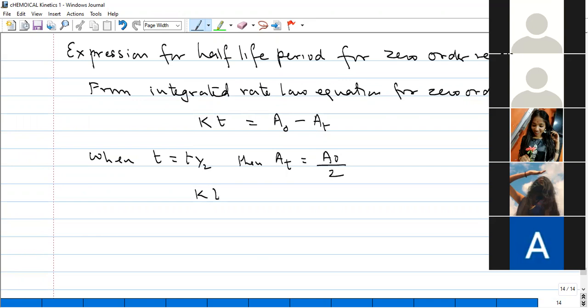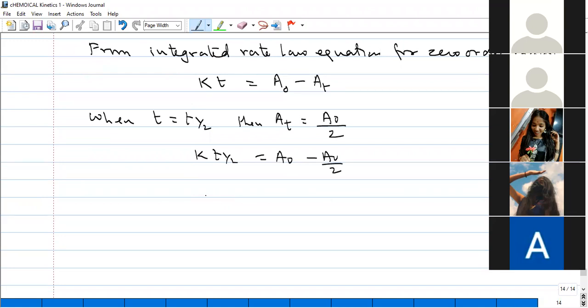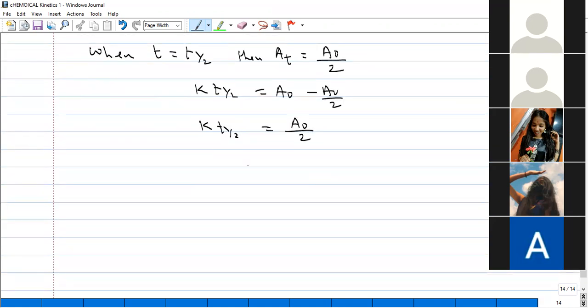K t half is equal to A0 minus A0 upon 2. So K t half is equal to A0 upon 2, since A0 minus A0 upon 2 is A0 upon 2.